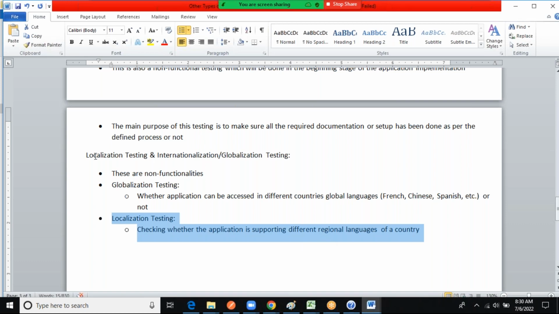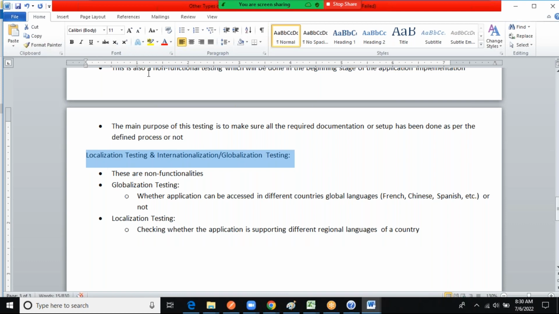So every application, depending on its business needs, where it targets its business and the literacy there, decides. If everyone is educated and knows English, they go with only English.